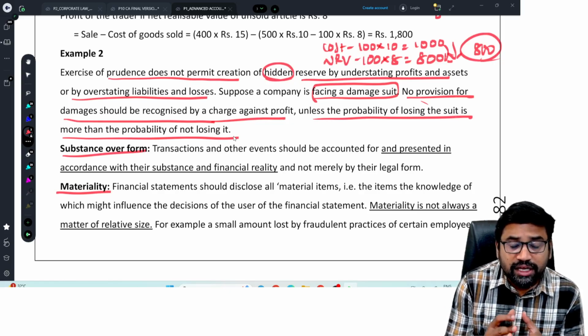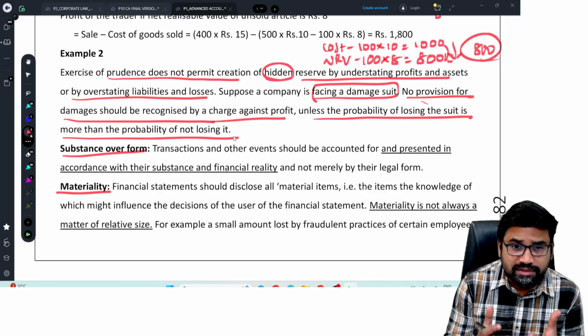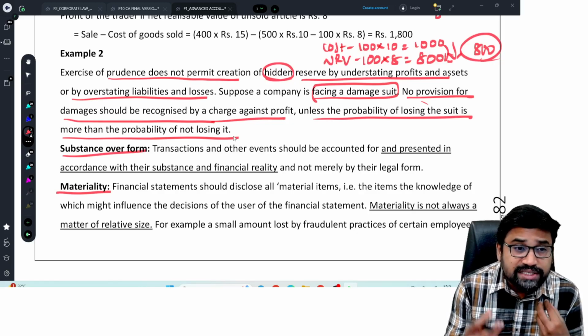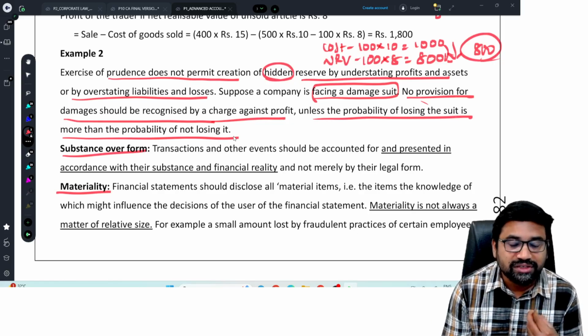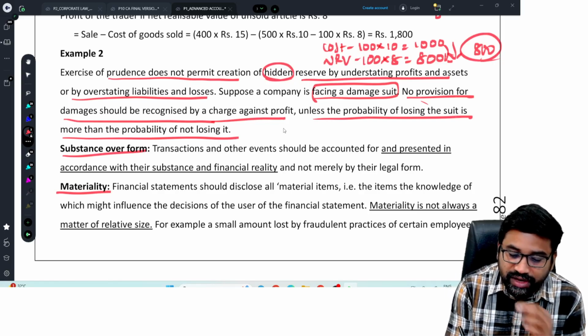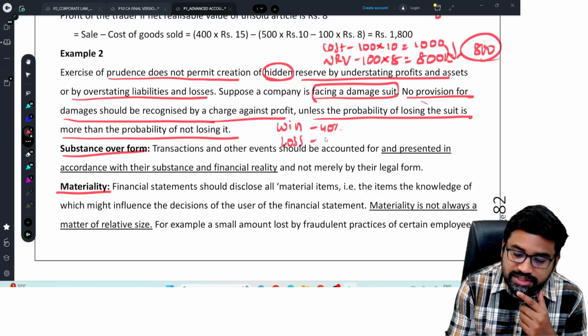Now, my question is, at the end of the year, suppose this case is pending in the court, will you recognize a provision for the damages? The thing is, what is the probability of losing the case? If the probability of losing the case is more than the probability of not losing it, then you can create a provision. So you should ask your lawyer, what is the winning probability? He said 40%. Then definitely that means loss 60%.